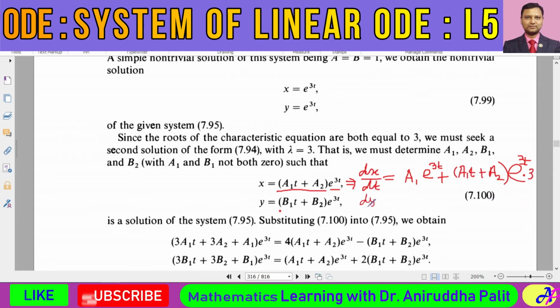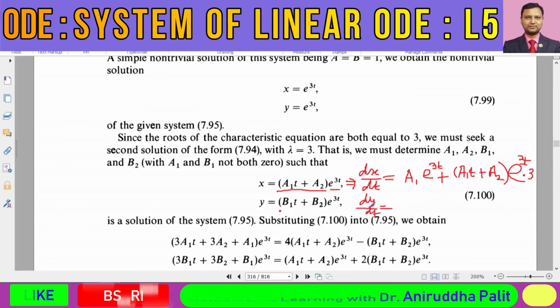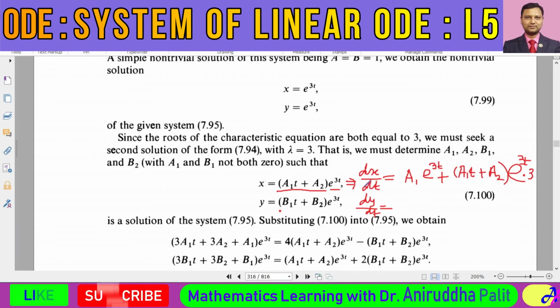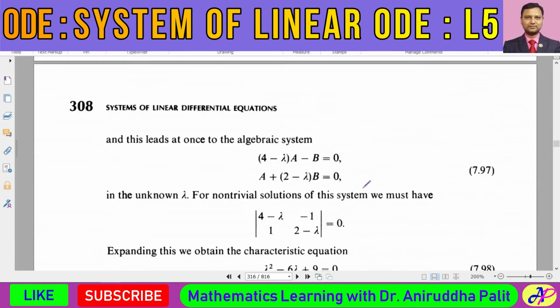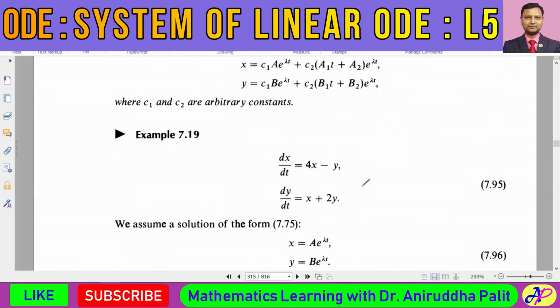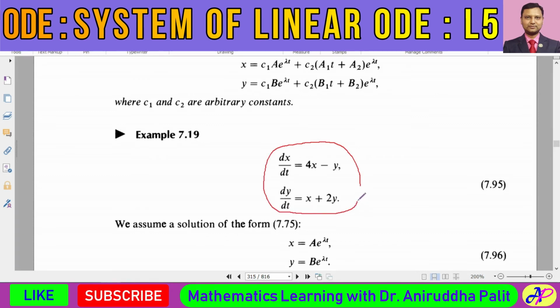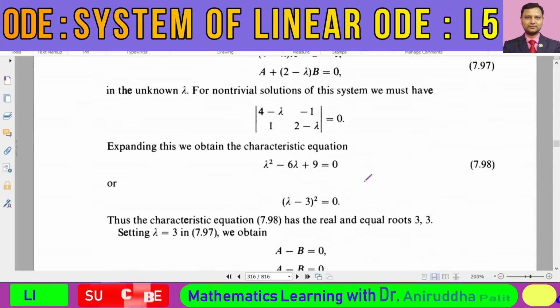Similarly we can compute dy/dt, and we put all these expressions of x, y, dx/dt and dy/dt in the given differential equation. What is the given differential equation? This is the given differential equation.